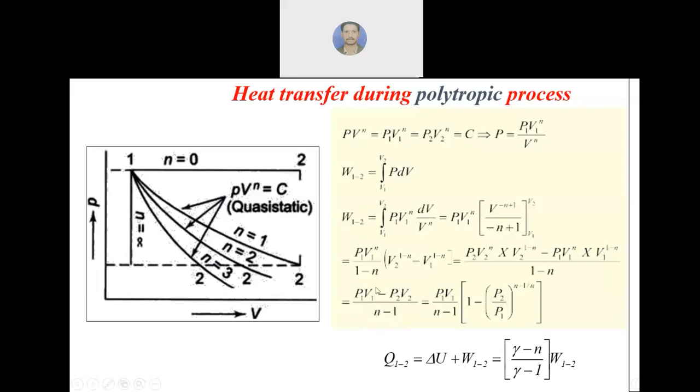Now you multiply this work done with gamma minus n divided by gamma minus 1. What is the value of gamma? For air it is 1.4. So heat transfer will be given by work done into gamma minus n by gamma minus 1. You have to remember these formulas, note down all these things.